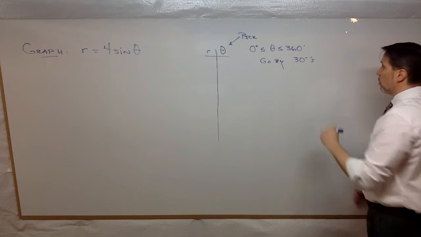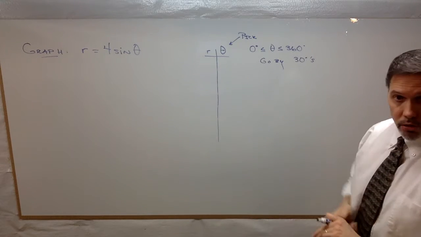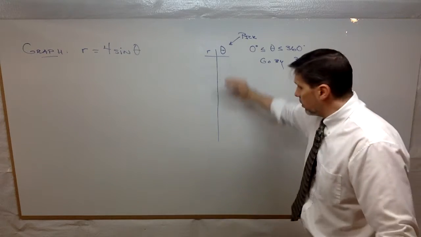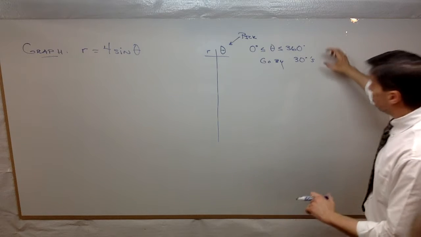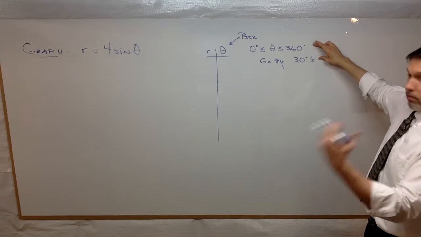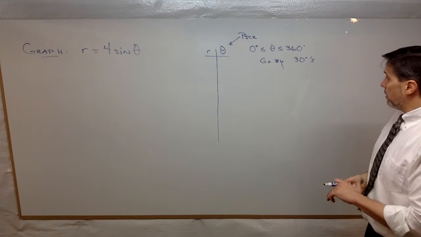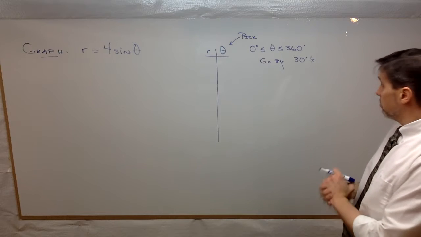Now, this is total overkill, 0 to 360, going by 30s for circles that pass through the pole. Total overkill, but like I said, we'll get a feel for that, and we'll start seeing when we repeat our values. But for limacons, for lemniscates, it will be very, very necessary that we go by these increments. And sometimes we have to go by even smaller increments to get a decent picture here.